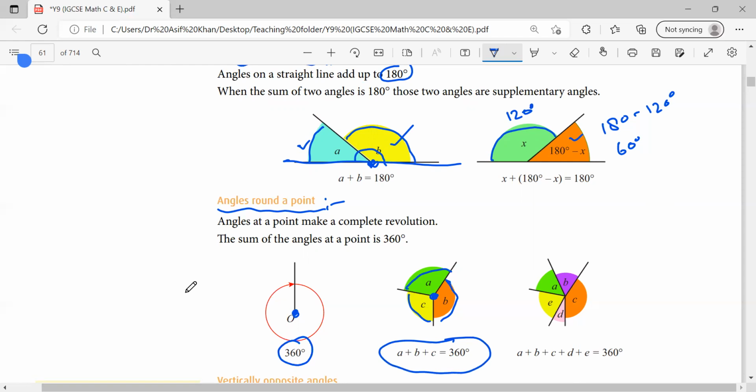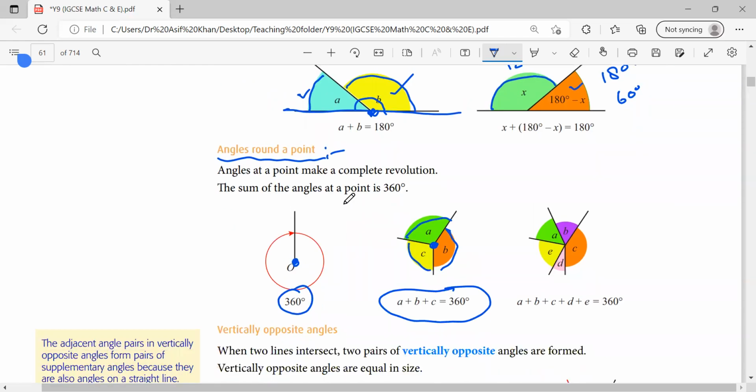Because this is the angle about a complete point or a complete revolution. Similarly, as many angles can be there, just like here you can say A, B, C, D, E. When you add all of them, it will equal 360 degrees also. So what thing do you learn from here? Total angle about a point is equal to 360 degrees.